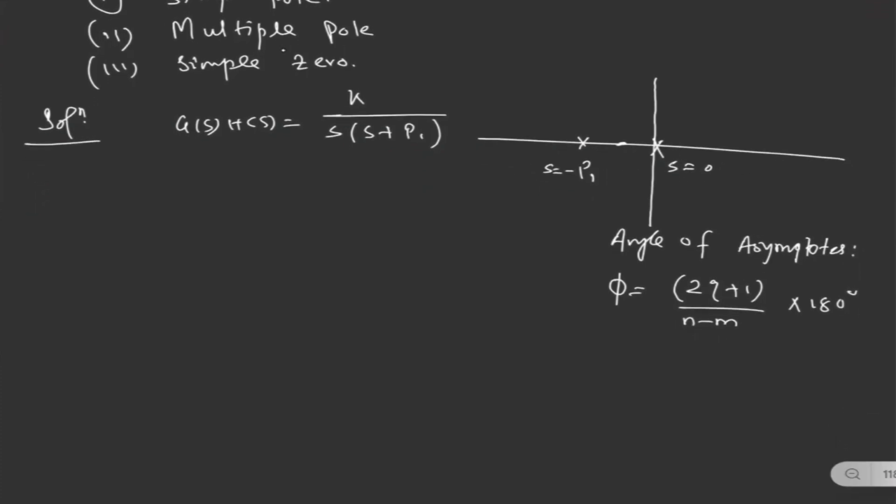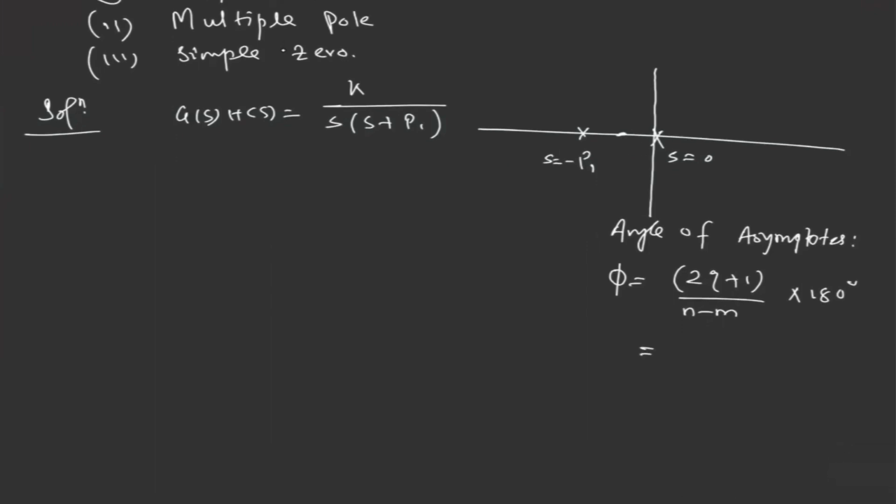Since there are two poles, there will be two angles, one is 90 degrees and another is 270 degrees. So it is quite obvious the locus will follow the asymptote. So the locus will be something like this. This is how the locus will be plotted for the original transfer function.